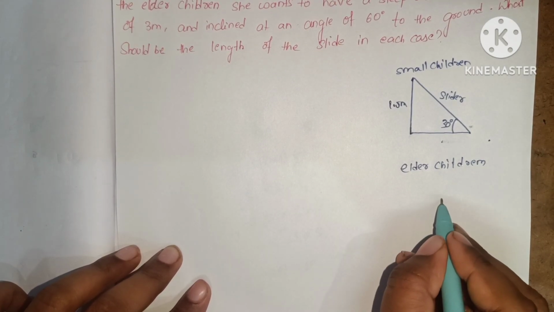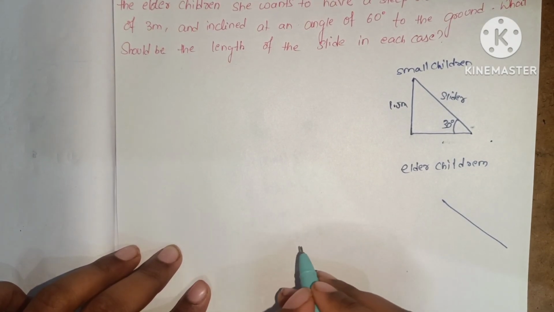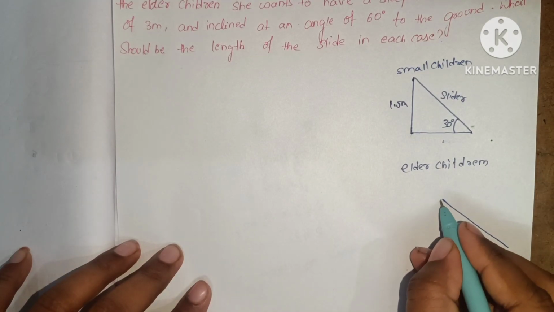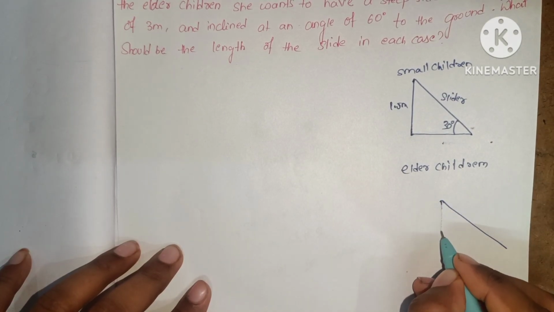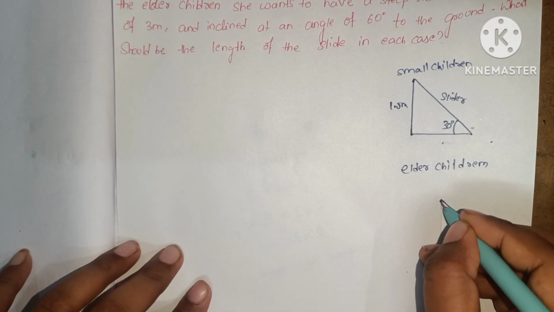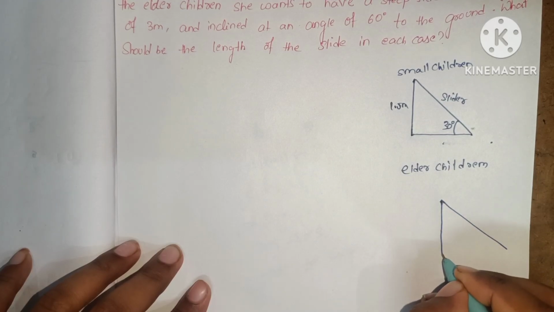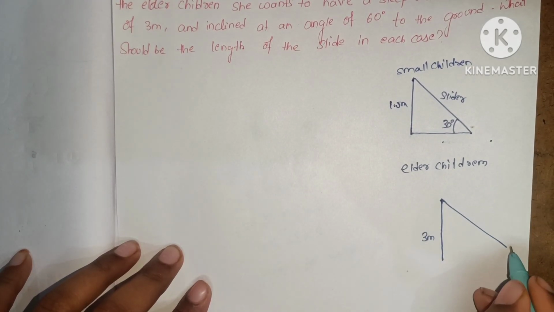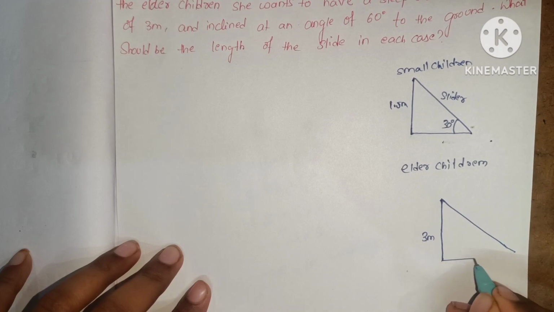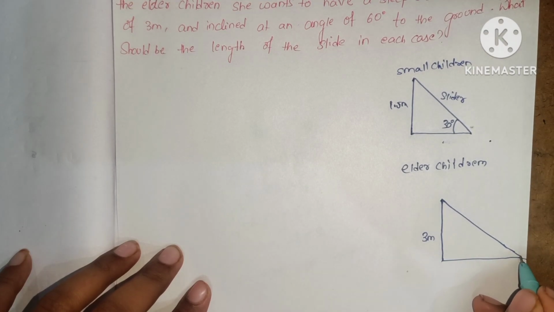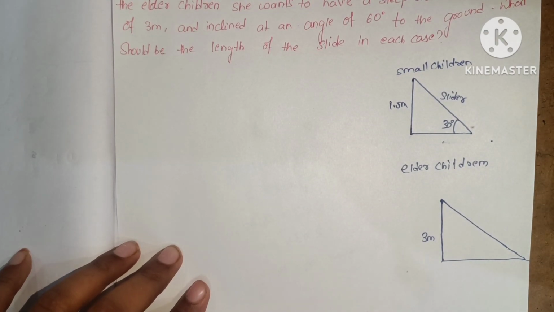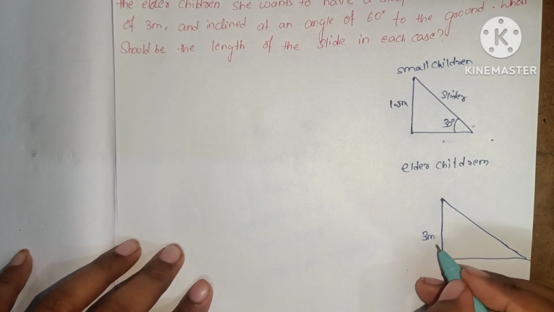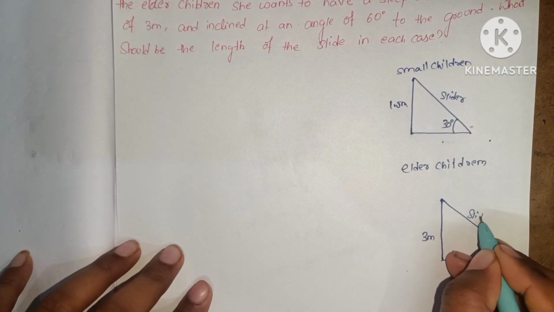Slider means again it will be slant, but the height of this slider is 3 meters. Now I drew again one line here.